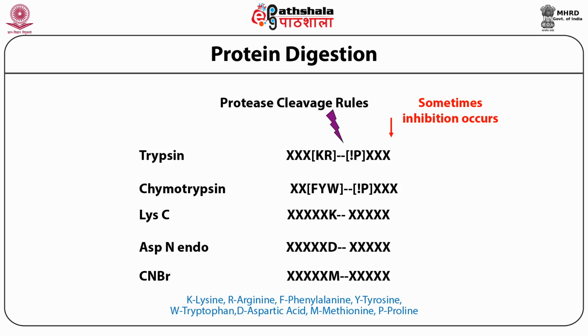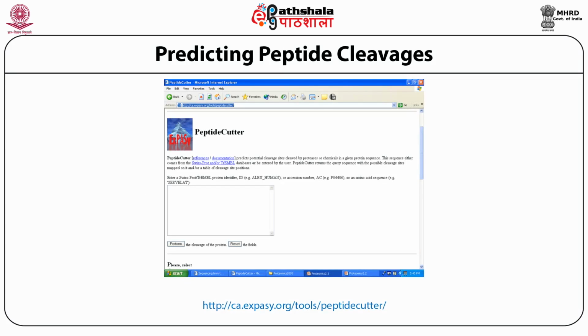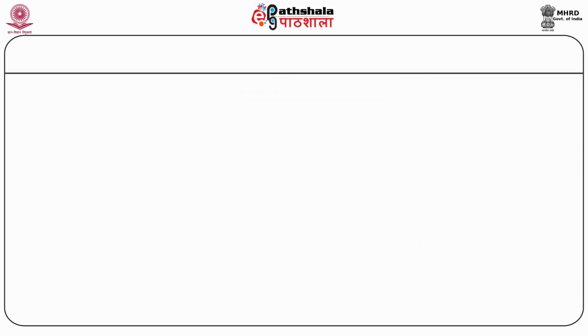You can predict the peptide cleavages with the help of different enzymes, using bioinformatic tools available free on ExPASy sites. You will find there are many enzymes which can cleave proteins at specific sites.